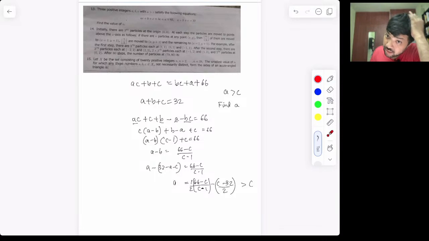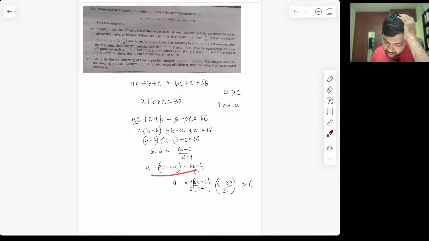I think Abhi has chosen a minus b as one variable, I just got rid of b and wrote everything in terms of a and c, and I wrote a in terms of c. So all you need is the condition a is greater than c. So now we can do trial and error at this point. So apparently the answer is 19 for a. I don't know, let's see, is it true? Let me finish it off. I'll make lots of mistakes. So just 2c.